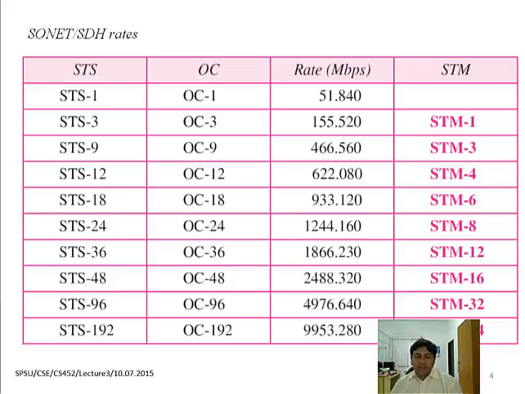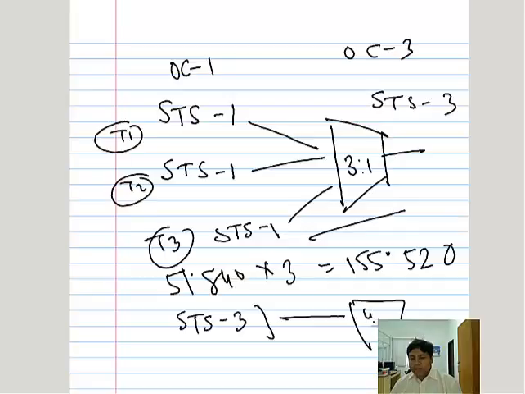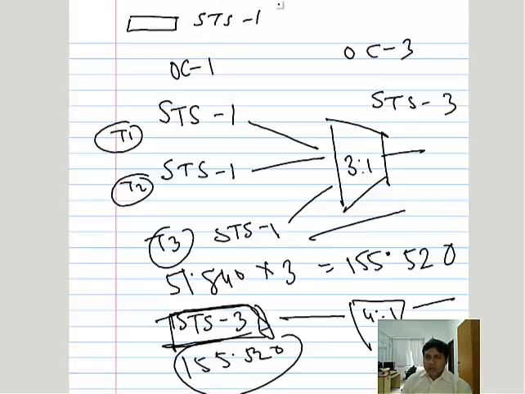For example, if you have STS3, these are 4:1 multiplexers. Now this 155.520 is one SONET multiplex device. This single channel is STS1 or OC1. Now such single channels multiplex together.